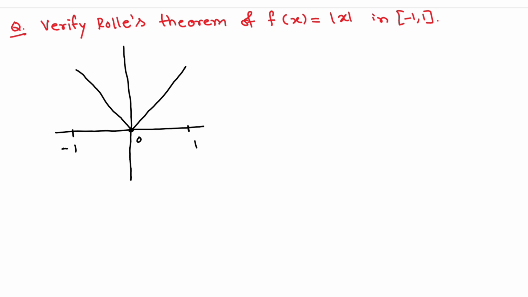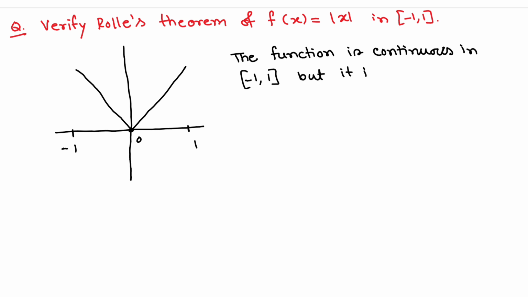So you can write that the function is continuous in minus 1 1, but it is not differentiable in open interval minus 1 comma 1, or you can say it is not differentiable at 0 comma 0, which belongs to open interval minus 1 comma 1.